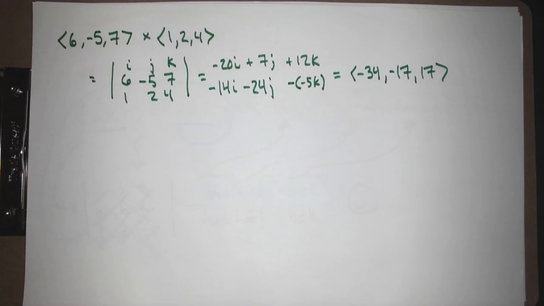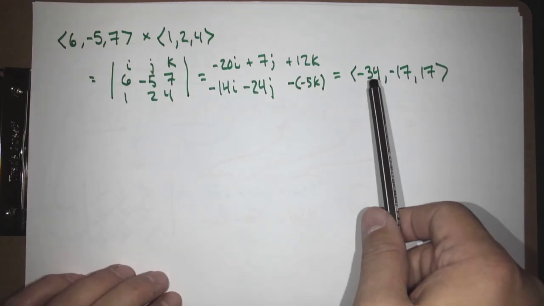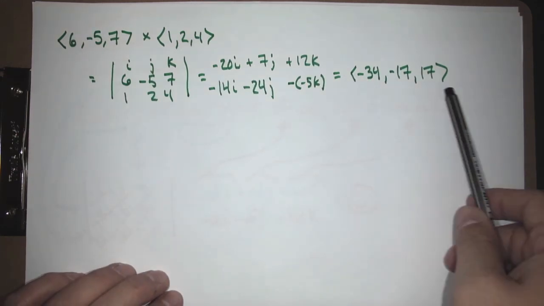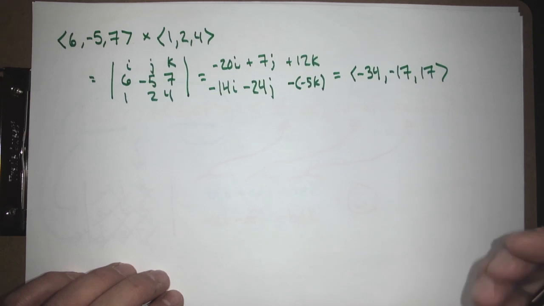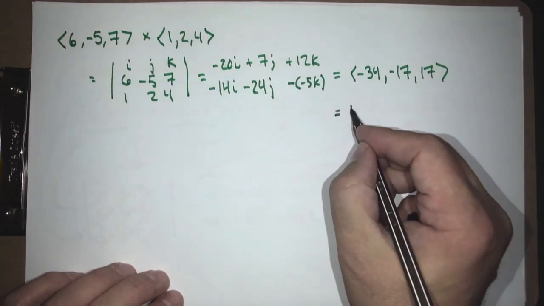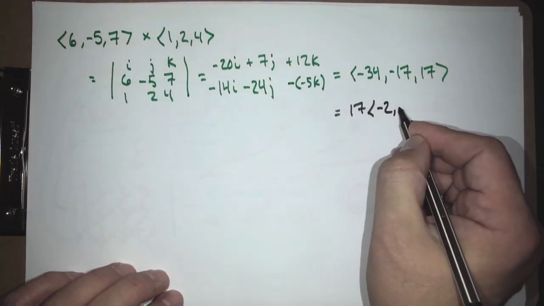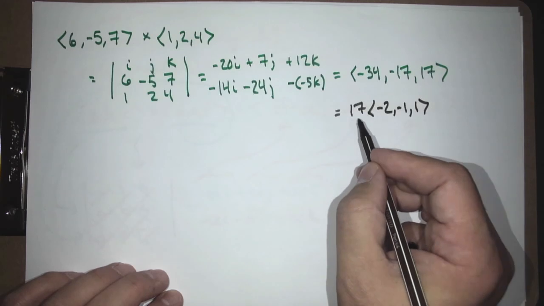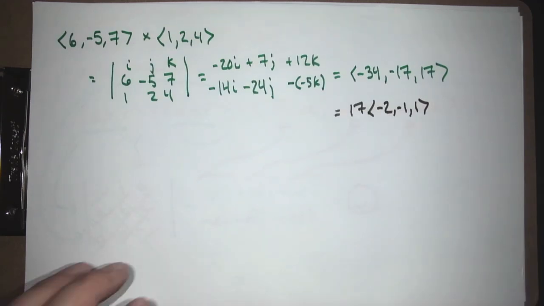Is there a way that we can rewrite this vector so it's a little bit simpler to look at? All of these have a factor of 17. So you can pull out a common factor and write that common factor in front. So we're using scaling here. We usually talk about putting a scaling factor in, but of course you can undo stuff.